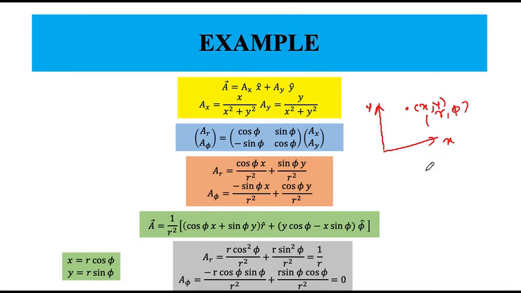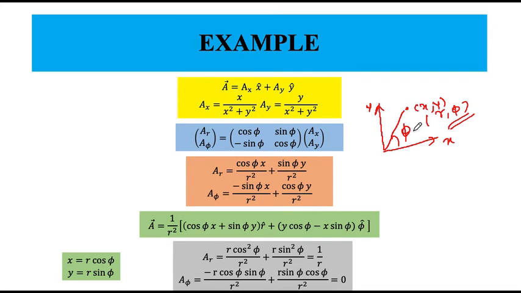I have to tell you at what distance that particular point is located and what is the angle with respect to x, so that I can locate that point. If I do not give you r and phi, you will not be able to point out which point in the cylindrical coordinate system corresponds to the same point in the rectangular coordinate system.